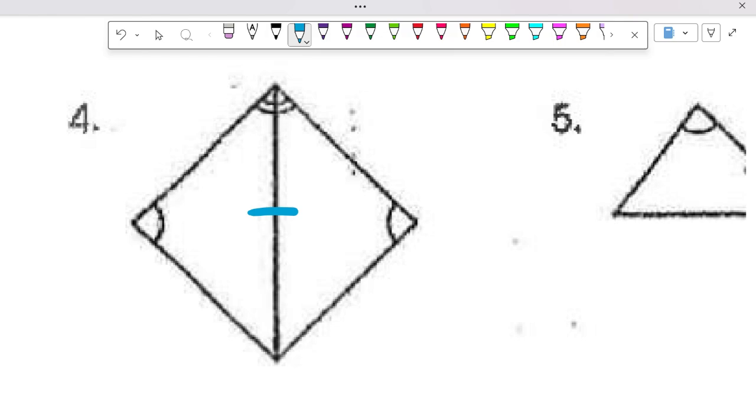Now, remember what I said about the side: the position of that side tells you whether it's ASA or AAS. Is that side the direct path between those two marked angles? No. So is it going to be ASA or AAS? AAS. Remember, ASA, that side would be the direct path between the two angles. AAS, it's not the direct path.